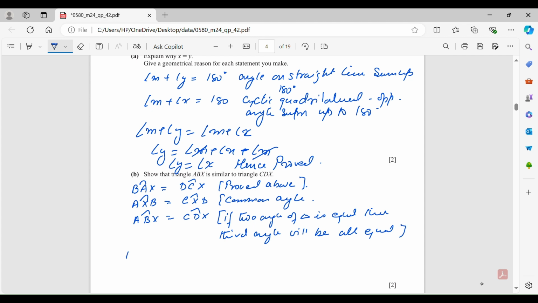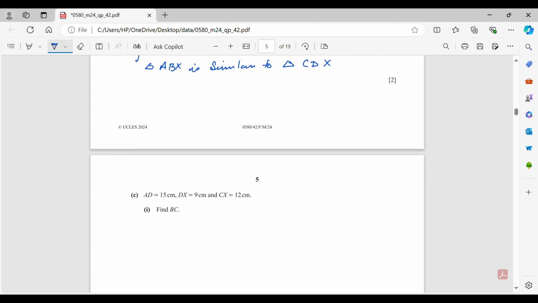By AAA similarity theorem, triangle ABX is similar to triangle CDX, right?